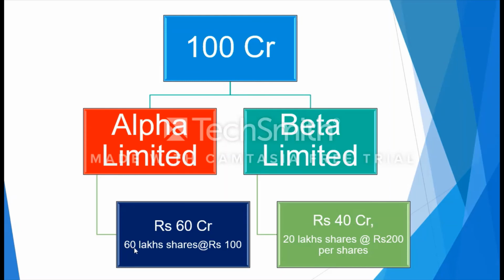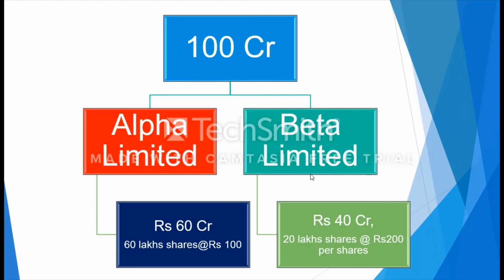So in the portfolio, you have 60 lakh shares of Alpha Limited at the price of rupees 100, which makes 60 crore rupees investment, and you have 20 lakh shares at a price of rupees 200 per share of Beta Limited, which is a total investment of 40 crore. Therefore the entire 100 crore which the scheme has mobilized from the investors has been invested in these two companies.